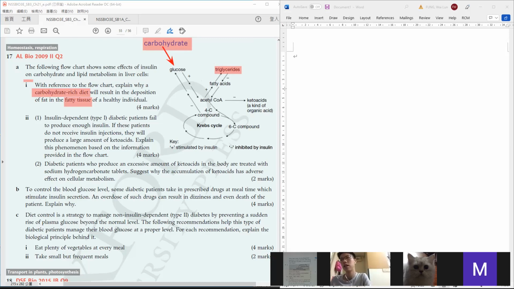Okay. Romana, when we eat a lot of carbohydrate, do we have lots of glucose? And why? 4 marks. When we eat lots of carbohydrate, do we have lots of glucose? Your answer?